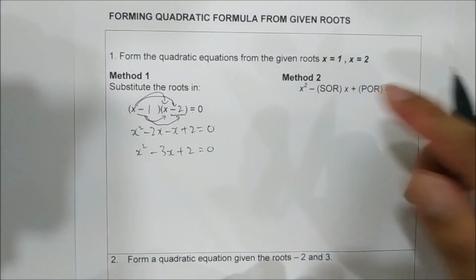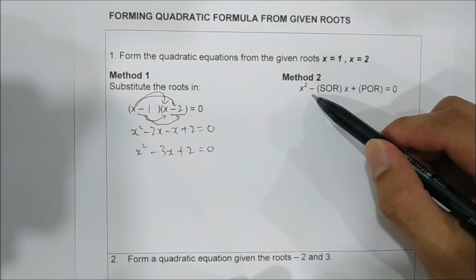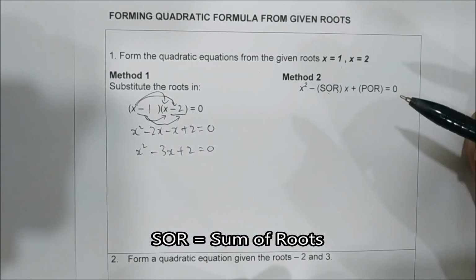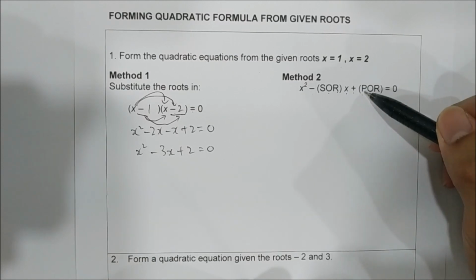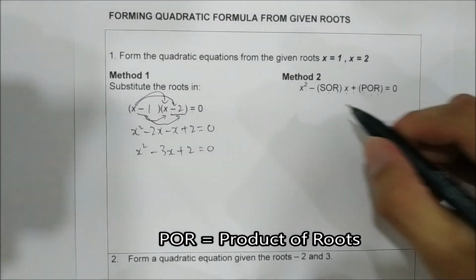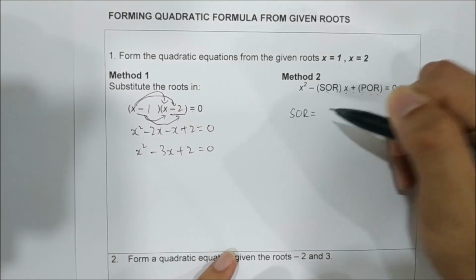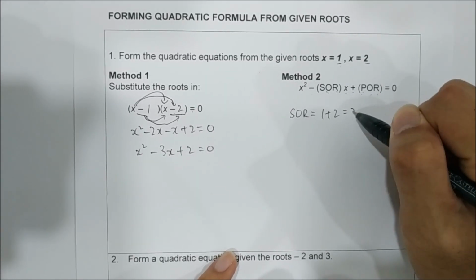Or you can use the second method, where you need to use this formula: x squared minus, in brackets, SOR, which means sum of roots, and x plus, in brackets, POR, which means product of roots. So in order to fill in these brackets, first you need to find the sum of roots, meaning that you need to sum up the roots. 1 plus 2 equals 3.